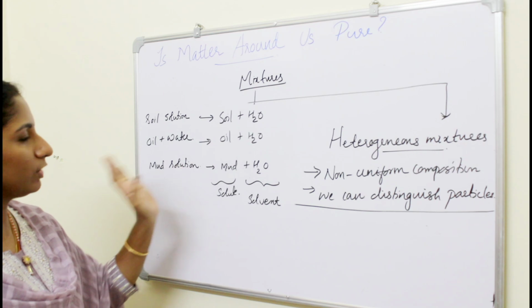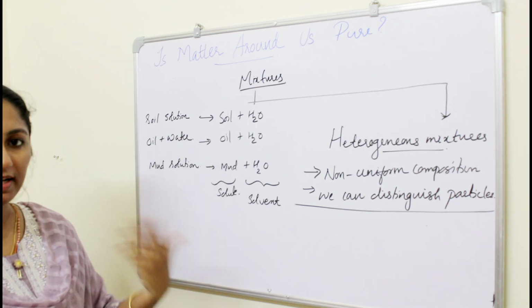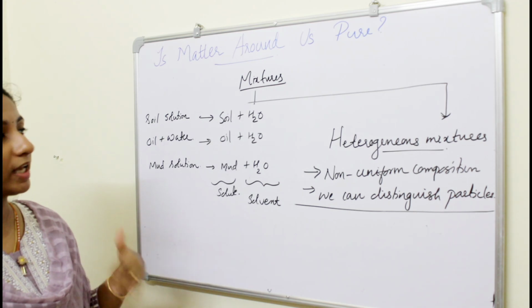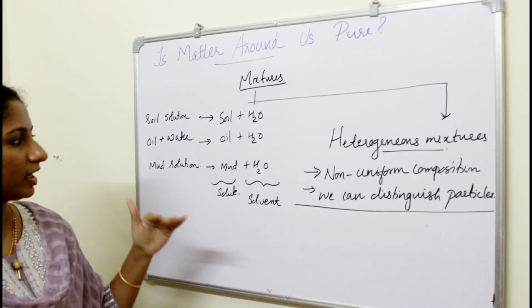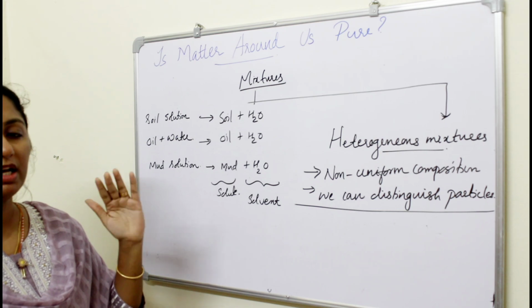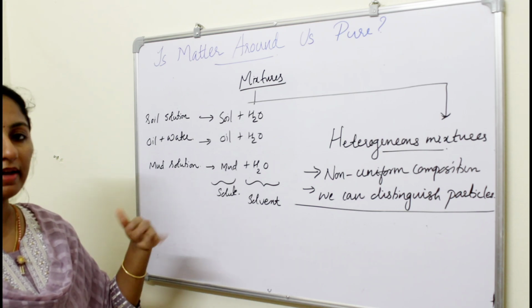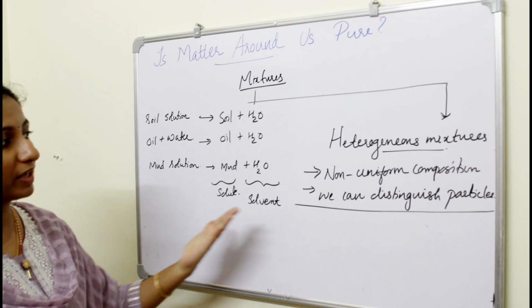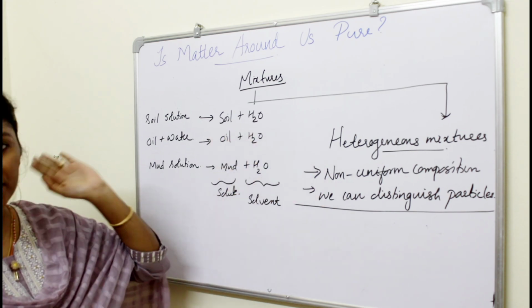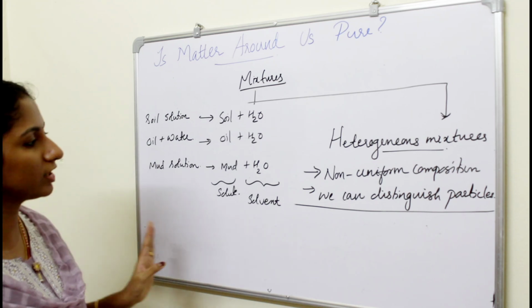What about the oil and water mixture? We can also separate it if we keep it undisturbed for some time. So with some effort we can separate a heterogeneous mixture, but this is not applicable in the case of homogeneous mixtures.